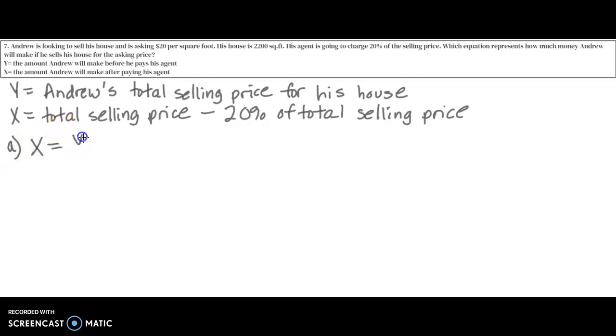So what we do the first part is it'll be X equals Y minus 0.2Y. So in other words, the total selling price minus 20% of the total selling price is stated here.